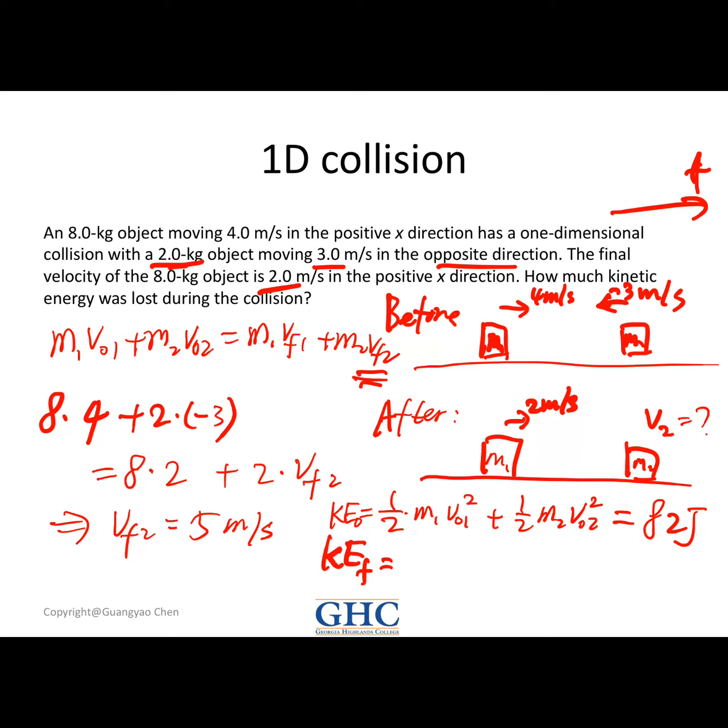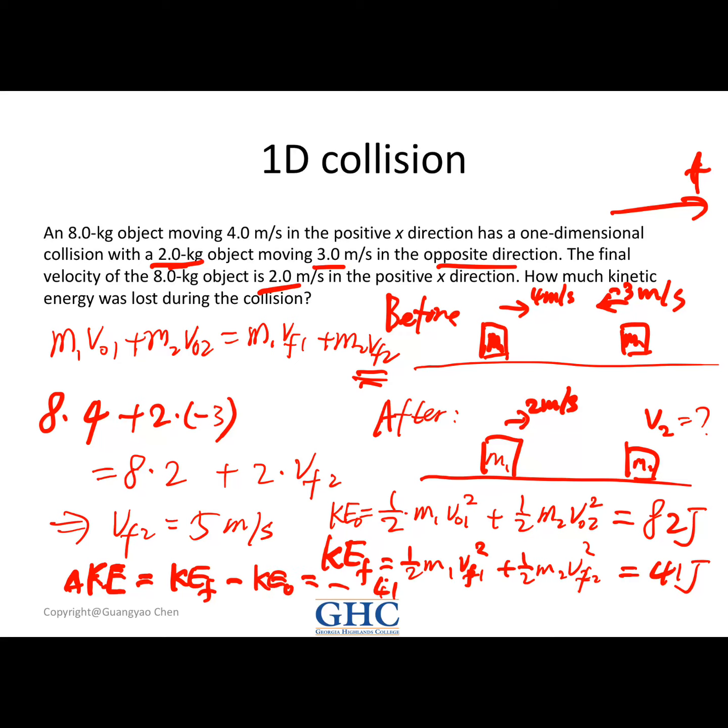Kinetic energy after the collision, 1/2 m1 vf1 squared plus 1/2 m2 vf2 squared, should be 41 joules. So energy loss is KEf minus KE0, which gives us negative 41. That's how much energy decreased during the collision. 41 joules was lost.